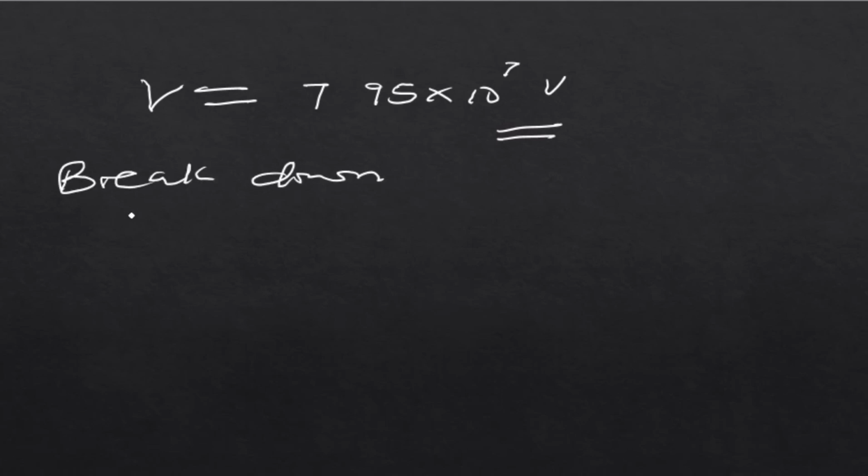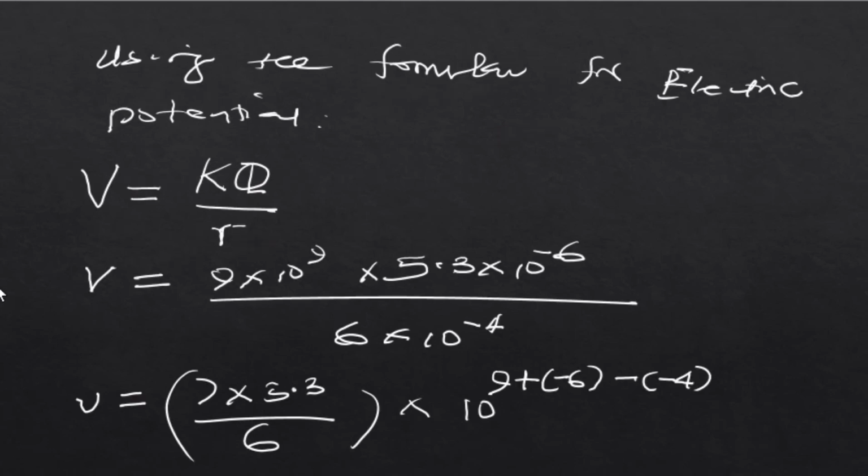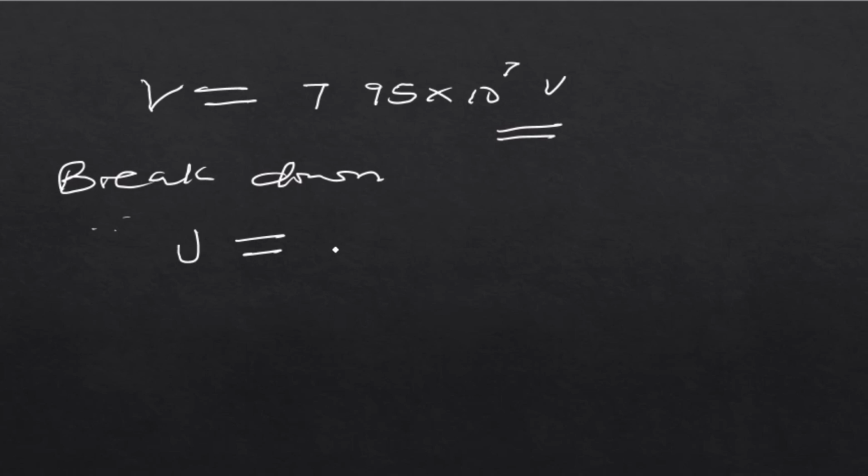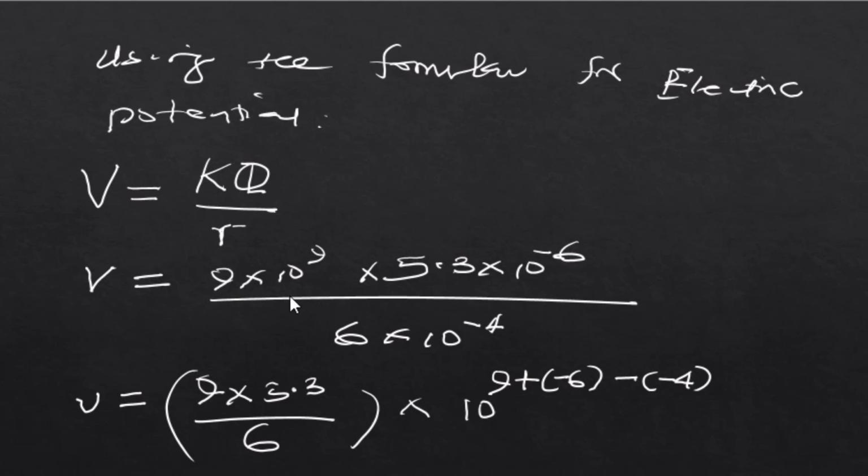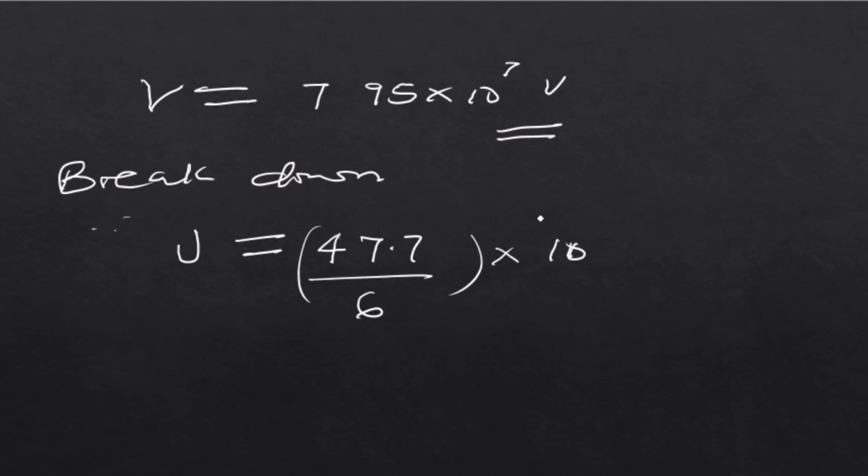Breakdown. V is equal to, from what we have earlier, 9 times, I'm using my calculator, 5.3, which gives 47.7, divided by 6, multiplied by 10 raised to the power of 9 minus 6 plus 4.